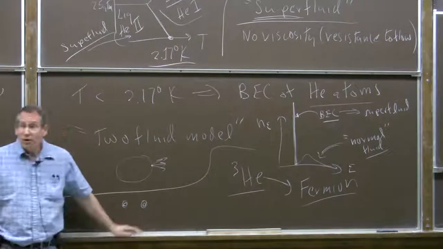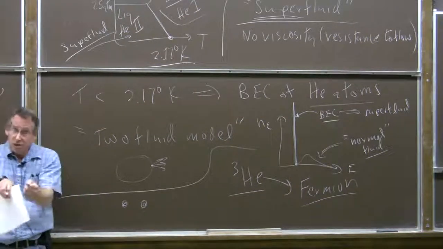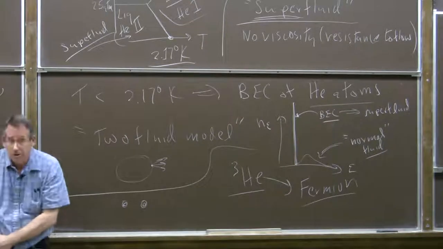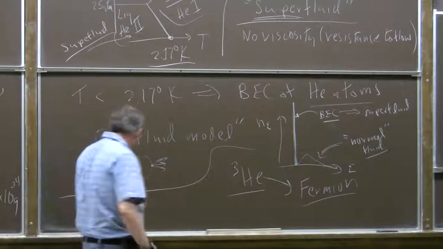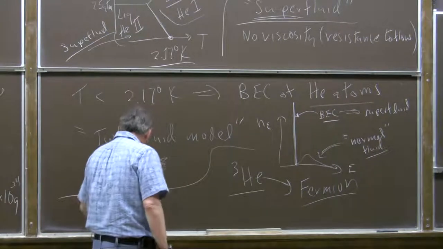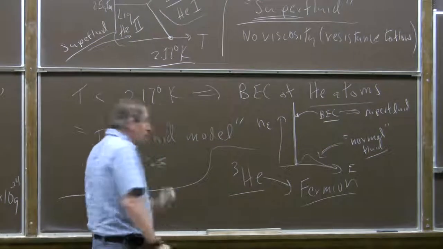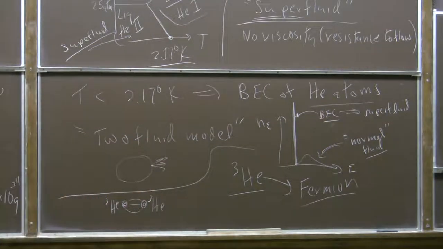But it's a very weak force, so the molecules break apart because of thermal excitations at a very low temperature, like a millidegree. But at sufficiently low temperature, these pairs of helium-3 atoms, which are bosons, can condense. They form a Bose-Einstein condensate. But we only see it at very low temperature because the pairs get broken by thermal effects for a temperature above a millidegree.